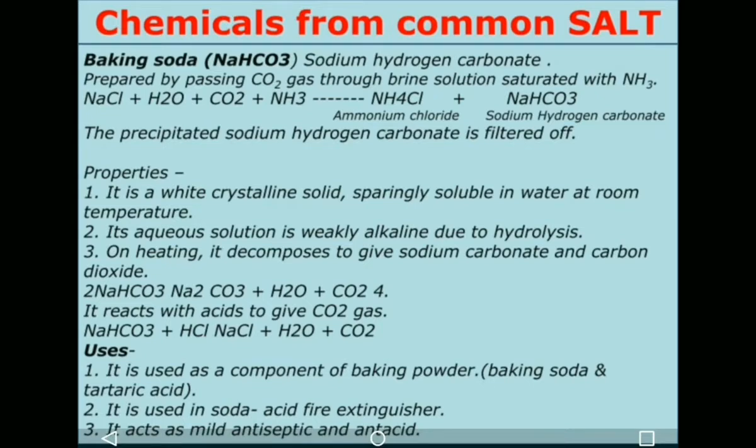Baking powder contains sodium hydrogen carbonate and a mild edible acid, an acid which we can eat, like tartaric acid or citric acid. Baking powder is different, baking soda is different. Baking powder contains sodium bicarbonate plus an edible acid, which may be tartaric acid or citric acid.